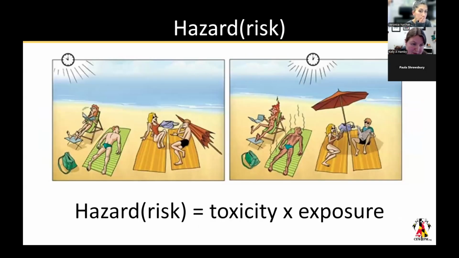Generally when we're thinking about risk, or as toxicologists like to call it, hazard, there are two components to risk: the toxicity, or how intense the particular product is, as well as the exposure. A lot of people like to use this sunbathing equivalent. These two folks here are completely exposed. This one is completely exposed.